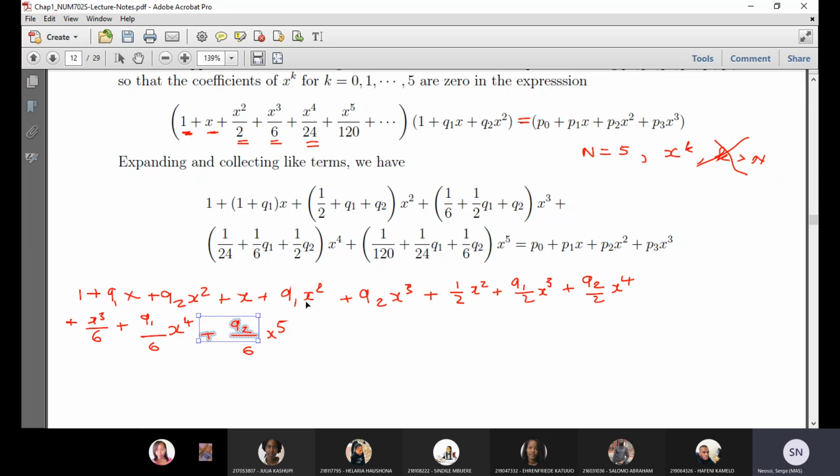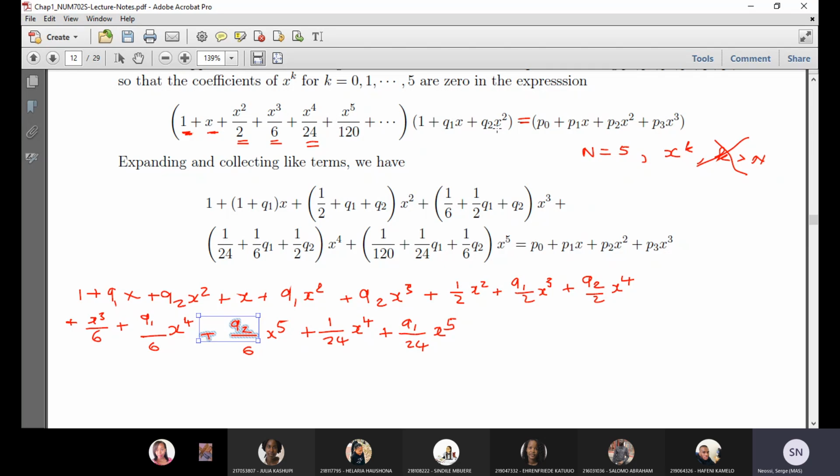And now for this case, we have 1/2 by 24 x to the 4th for this first multiplication. Now this times q1x will give us q1 by 24 x to the 5. That's for q1, but I cannot multiply this expression by q2 x squared.